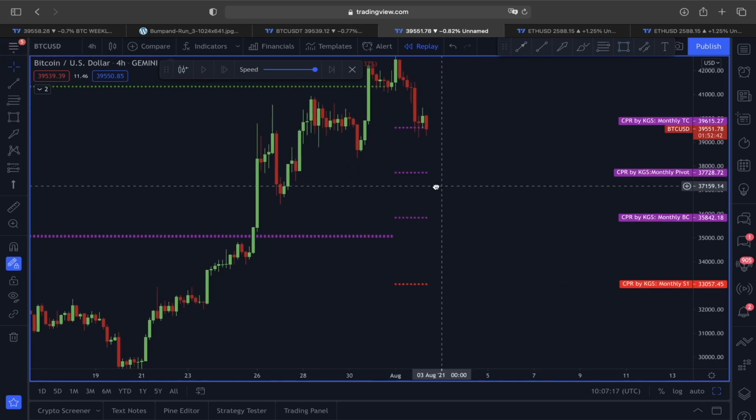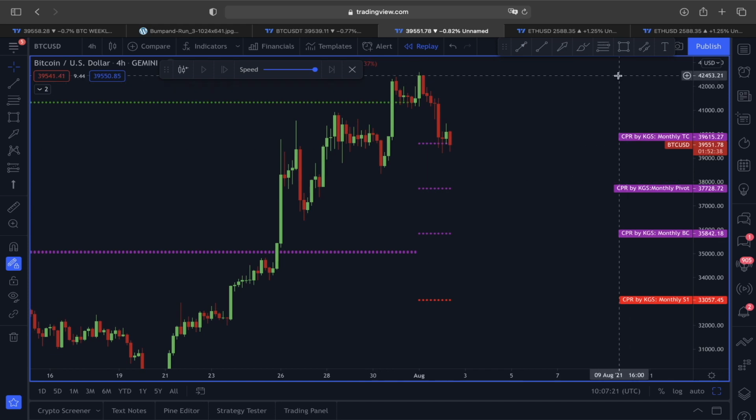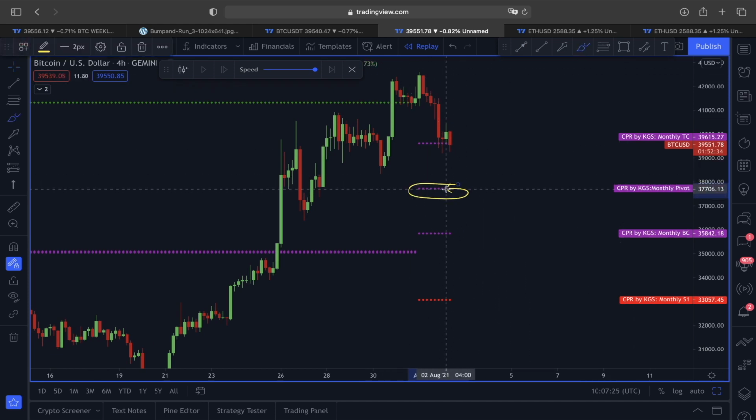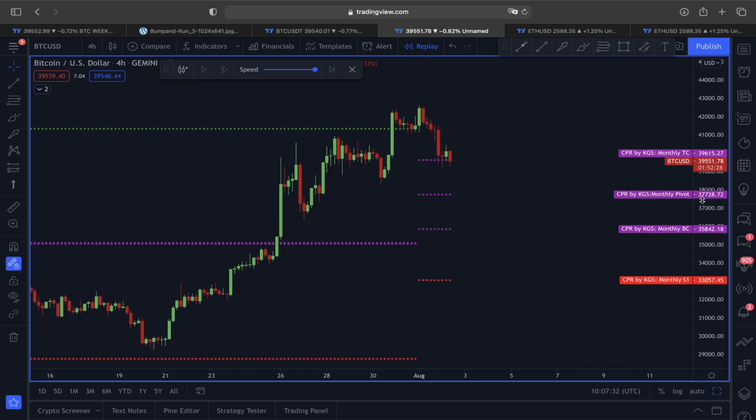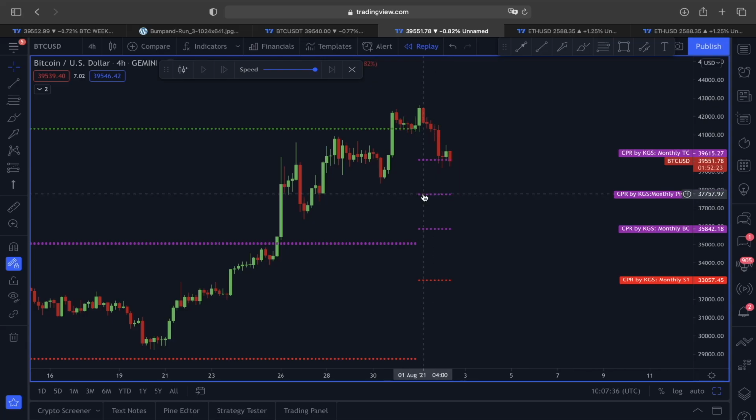The reason why this central CPI is so important is that it is not just a line, guys, and it is not placed randomly. The central CPI line has a meaning, because right now the central CPI line is around $37,728. This central CPI line is the strongest support among these CPI lines.